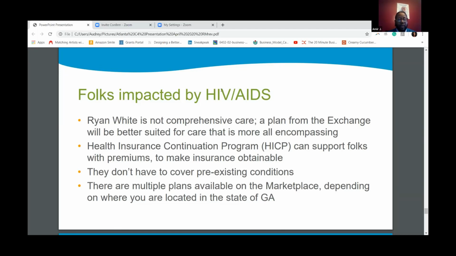And HICP is one of those programs that offers assistance with paying for your monthly premium should you be living with HIV or AIDS. And so there are ways to get off Ryan White and have comprehensive coverage and still keep it affordable. Unfortunately, for those with this chronic condition, the cost of medications are quite high. There are, however, resources available to make those costs not as high.